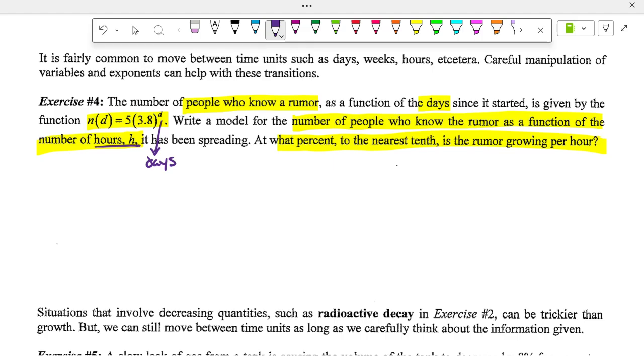So in other words, if I were to write it in terms of hours, so if I want to know how many hours have passed after so many days, what do I do to find it? So, for example, how many hours have passed after 1 day? 24. How many after 2 days? 48. How many after 3 days?